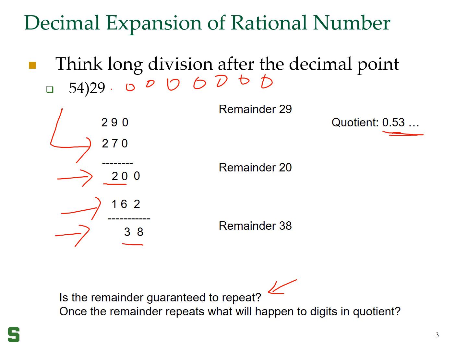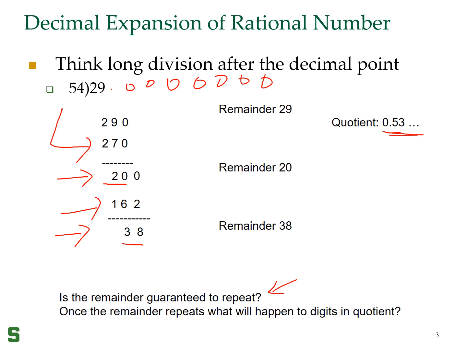However, the actual division will go on forever, and that means I'm basically creating a function from the set of integers, or we could think of this as the set 1 through 55, for example, to 0 through 53.